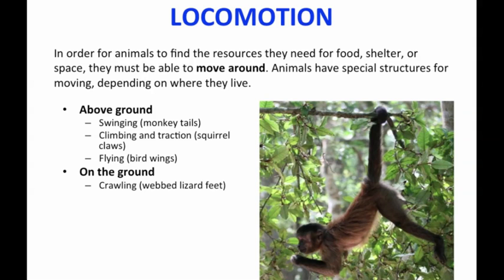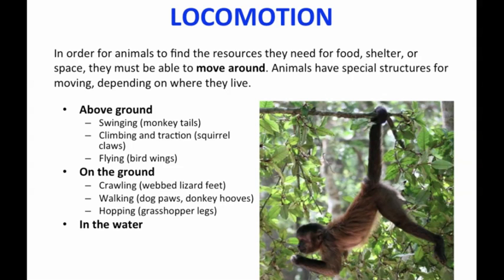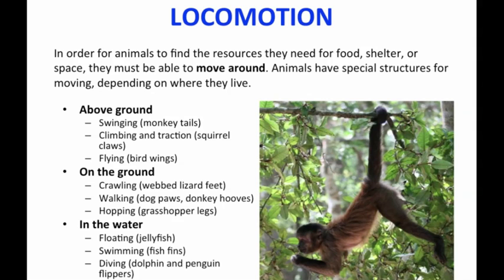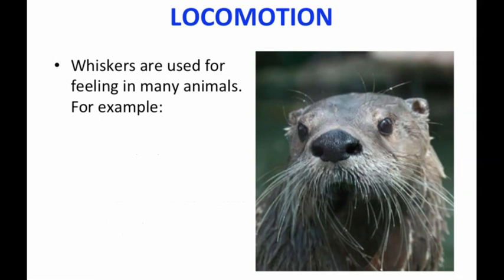On the ground, crawling, such as webbed lizard feet. Walking, such as dog paws or donkey hooves. Hopping, such as grasshopper legs. In the water, floating, like jellyfish. Swimming, such as fish fins. And diving, such as dolphin and penguin flippers.